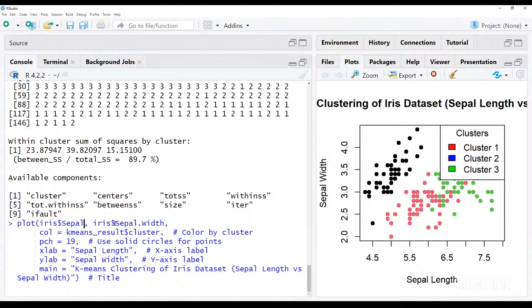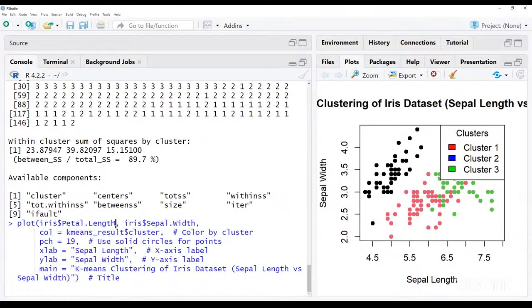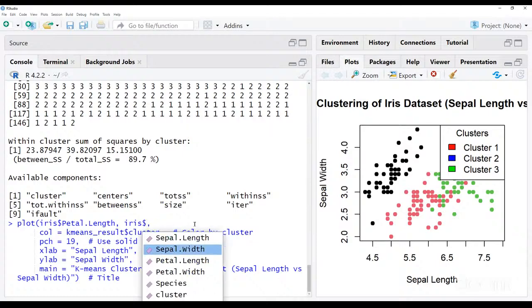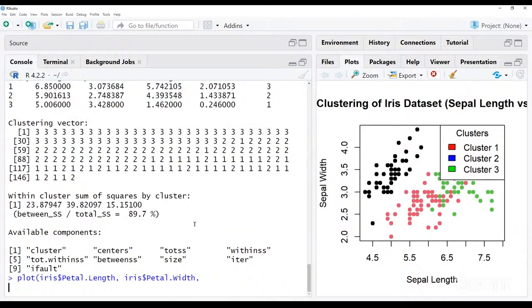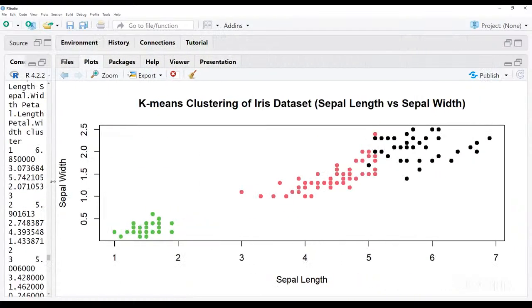What are the other variables you have? iris dollar petal length and petal width. Then you do the analysis. Yeah, so now here you can find petal length and petal width.